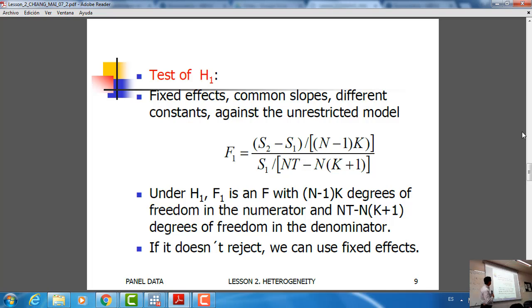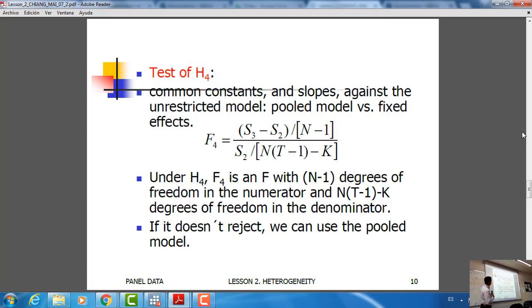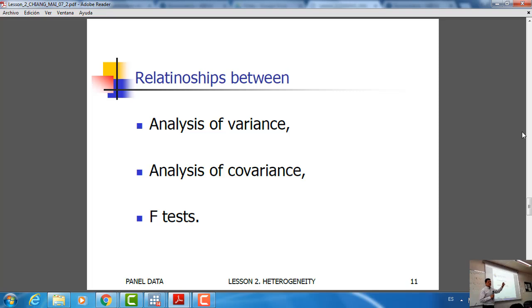So let's go. Now you can do a lot of F-tests like the one that we have seen. You can do many of those. But the most important one is the one that compares the pooled model with the fixed effects model.